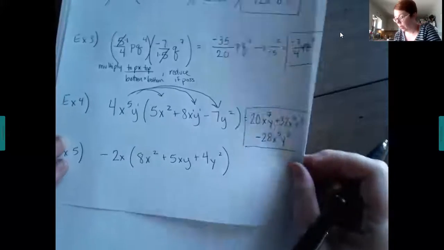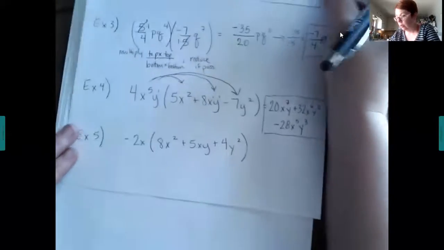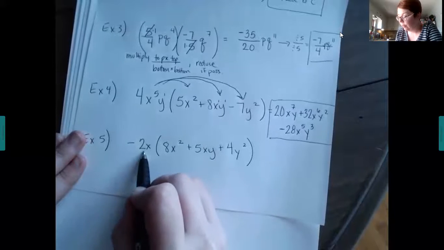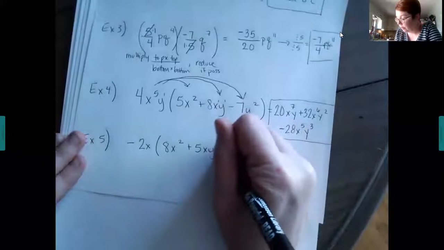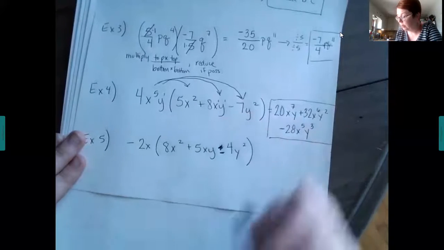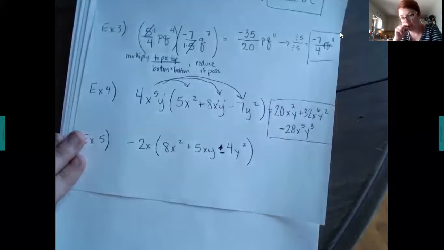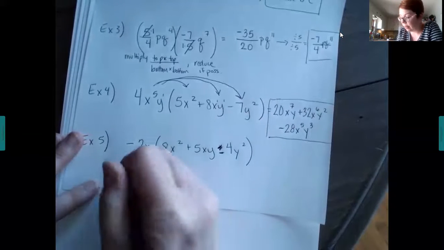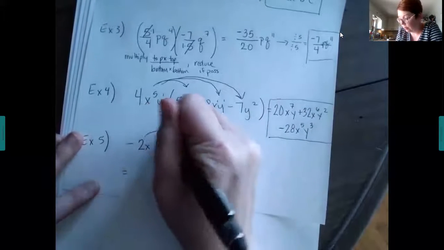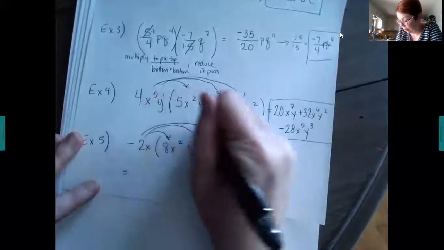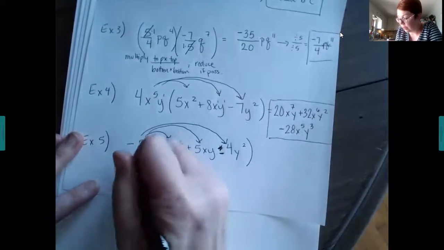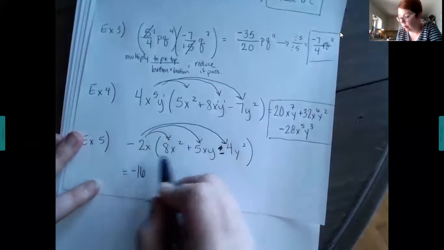Okay. And then here, just be careful again when you're multiplying. Actually, I'll make this a minus, just for fun. So here we have -2x, and we're going to multiply that in here, here, and here. Negative times a positive is a -16.